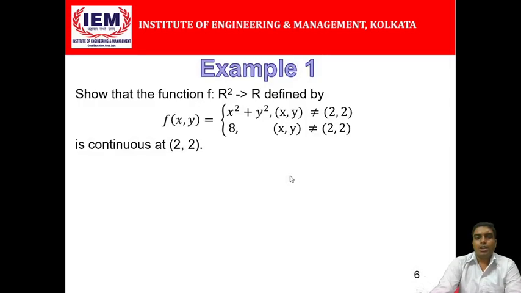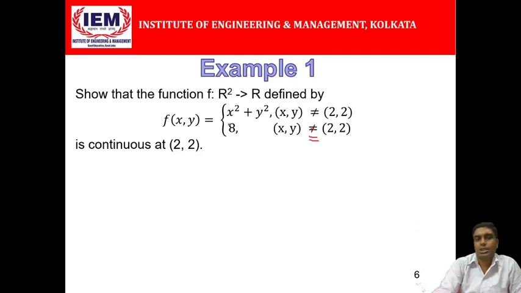Okay. Now let's take some examples of continuity. Suppose we have this function f of x, y. It is defined like this: x squared plus y squared when (x, y) is not equal to (2, 2), and when (x, y) equals (2, 2), its value is 8.